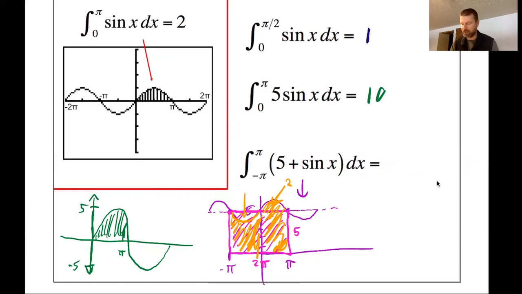So this section right here and this section right here kind of balance each other out, right? I've got 2 units too many on the right and 2 units too few on the left. So it turns out that the area overall is the exact same as the area of this pink rectangle. And the area of that pink rectangle is 10 pi.